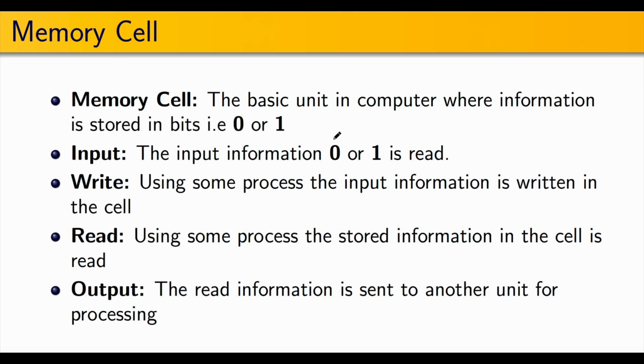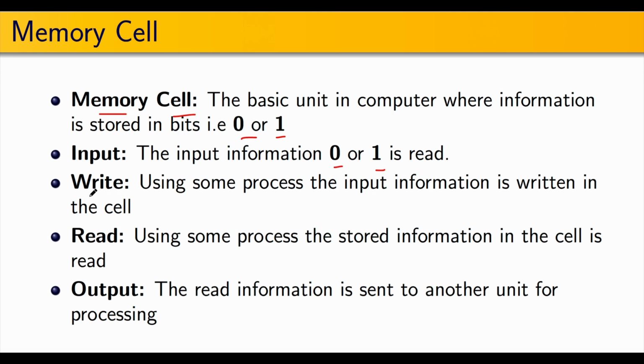So here we have the memory cell, the basic unit in a computer where information is stored in bits, 0 or 1. We know that the computer understands only binary, either 0 or 1, nothing in between. So the input information will either be 0 or 1.